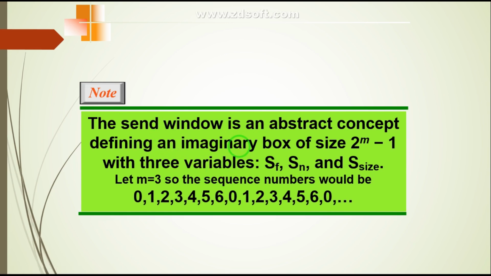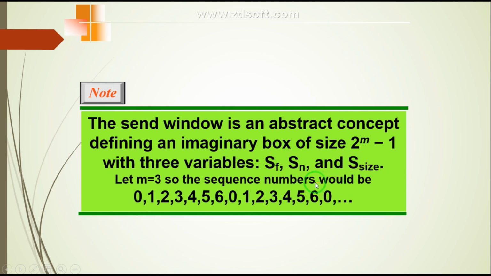It means the window size is 2 raised to m minus 1. We use three variables, SF, SN and S size. SF tells you the first frame of the window, SN is the next frame to be sent, and S size tells you the size of the window.